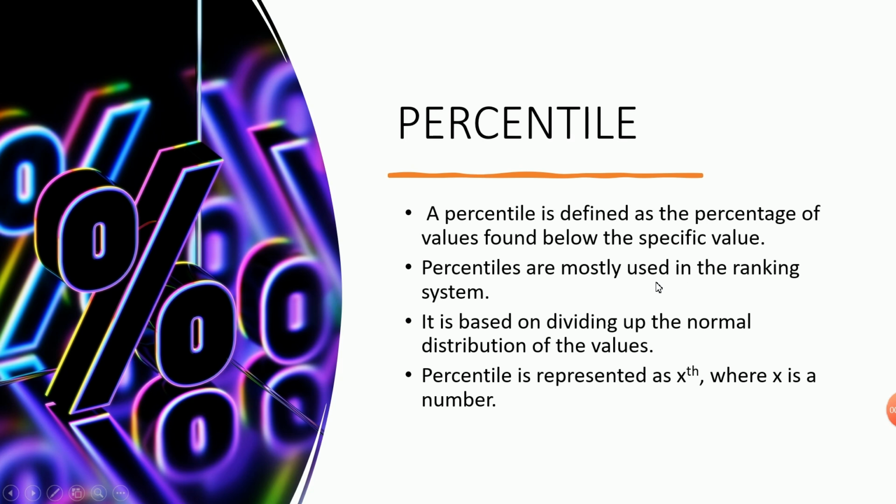Percentiles are mostly used in ranking systems. It is based on the dividing up of the normal distribution. On a normal scale, common arrangements would be 0 to 10 or 0 to 100. In a questionnaire, for the age category from 18 to 25, you will have 18, 19, 20, 21, 22, 23, 24, and then 25. That is a range or a normal distribution.